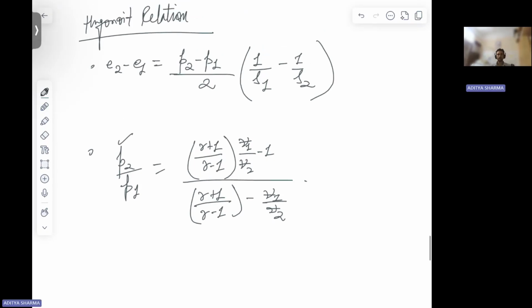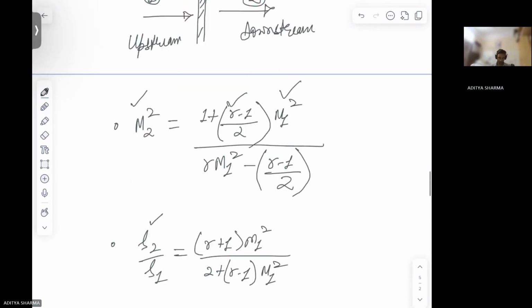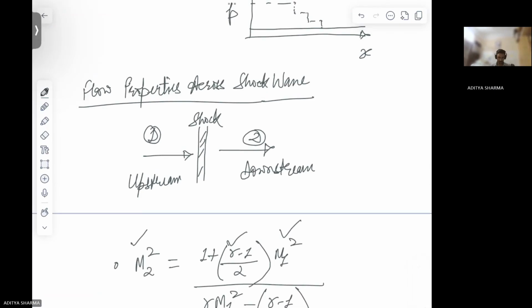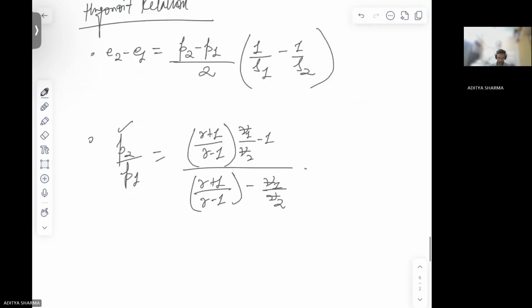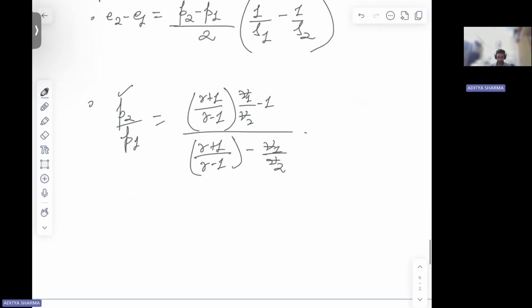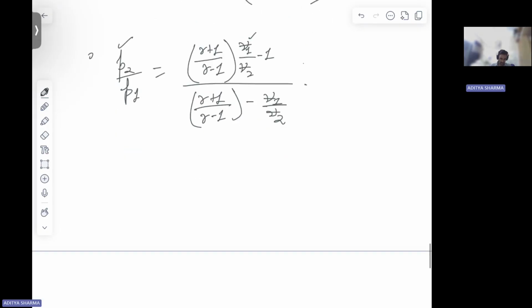So 2 and 1 here correspond to this only. 1 is the upstream condition of your normal shock, and 2 is your downstream condition. P is for pressure, gamma is for specific heat ratio, and v is for your specific volume, that is 1 by rho.